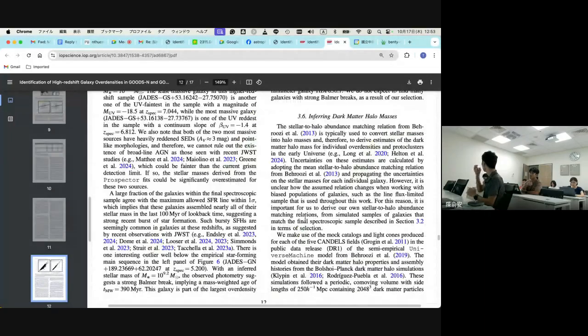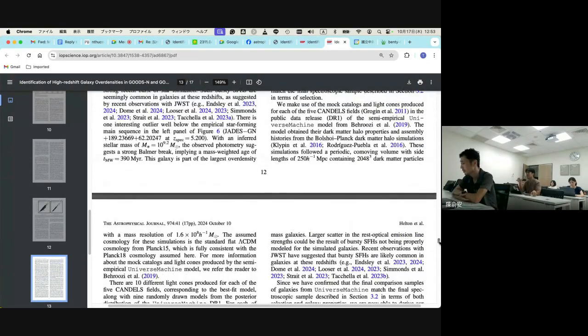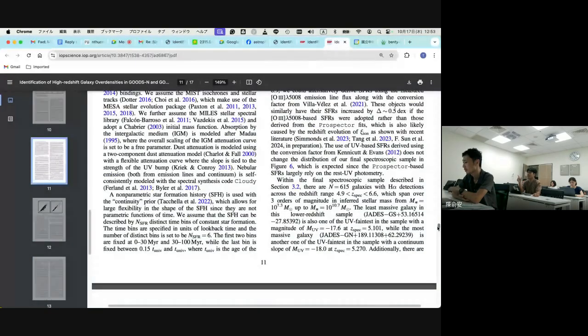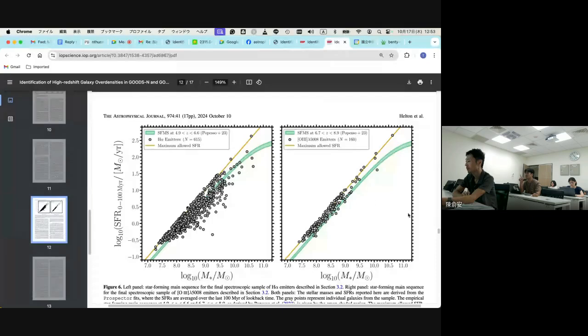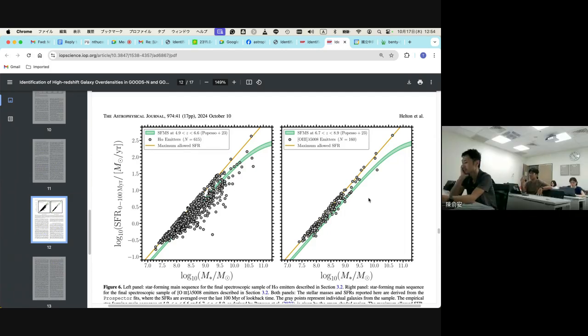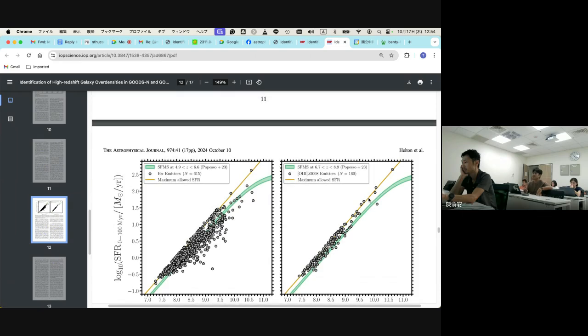Okay. Any other questions? Yes, please. You mentioned something like discovery of galaxy clusters at high redshift using this data. Did they mention galaxy cluster discovery at high redshift using this data?